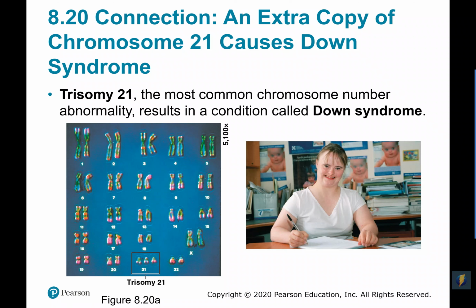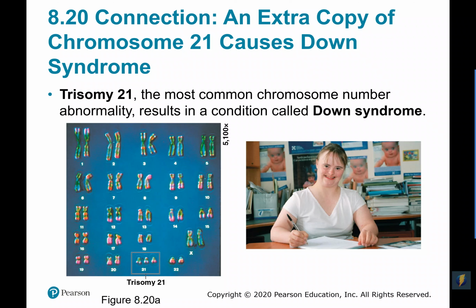Some people with Down syndrome have pretty distinctive facial features, and sometimes there are developmental delays. Sometimes it's on a spectrum, kind of like a gradient, sort of like autism. Some cases of Down syndrome are more severe than others.